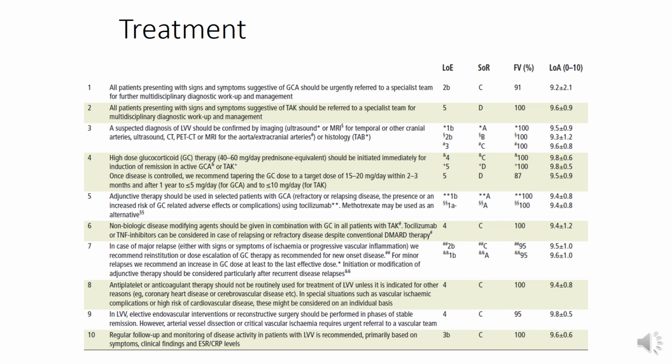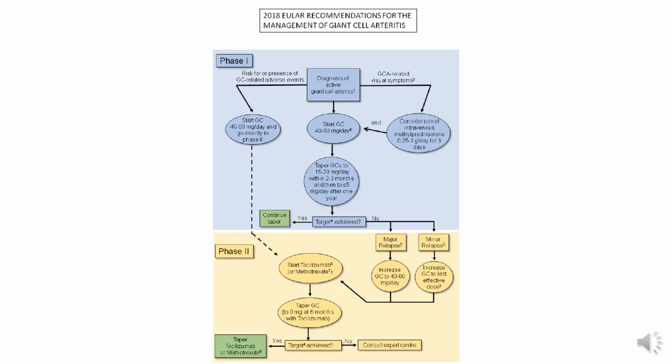Treatment of large vessel arteritis is generally the same. For giant cell arteritis, we start glucocorticoids 40 to 60 mg orally, or 250 to 1000 mg intravenous injection in presence of visual problems.